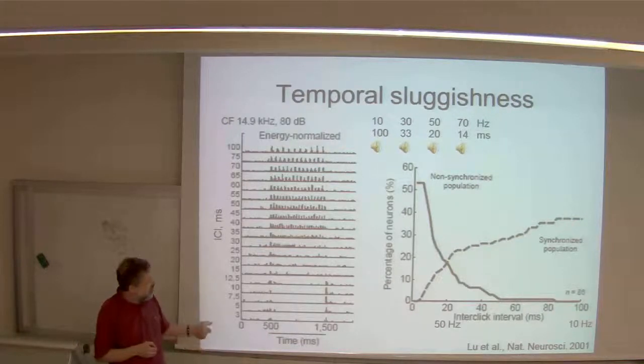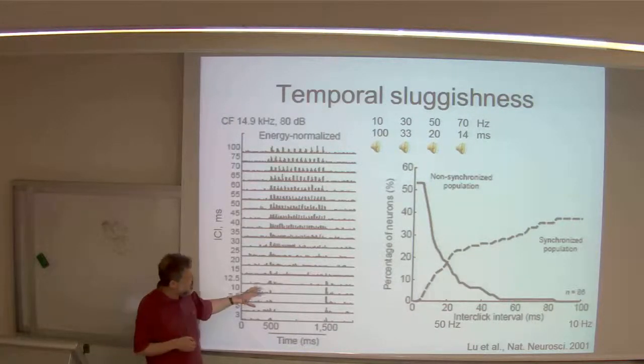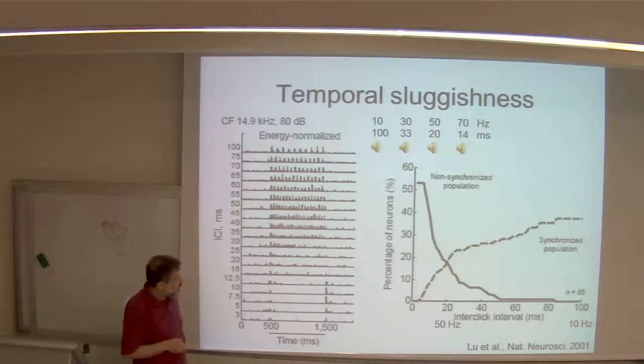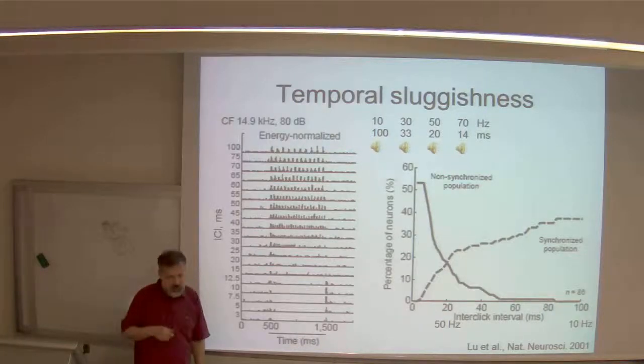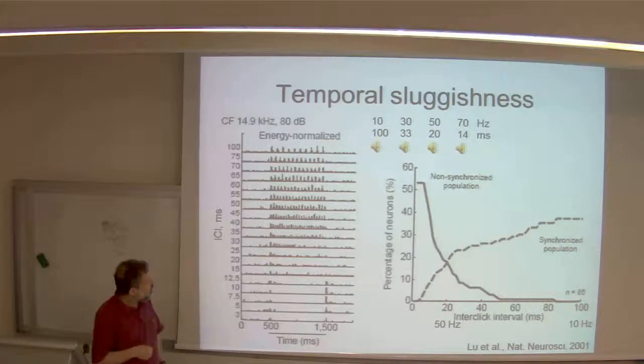But the main population of the synchronized neurons, seen in the auditory cortices of all animals, don't follow anything above 30 hertz. And in rodents, it's even worse. Rodent brains, for some reason, are more sluggish than marmoset brains. So even awake rats or awake mice don't follow well above 10 hertz or so.